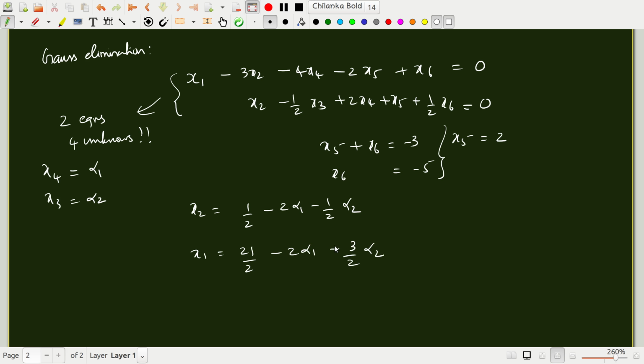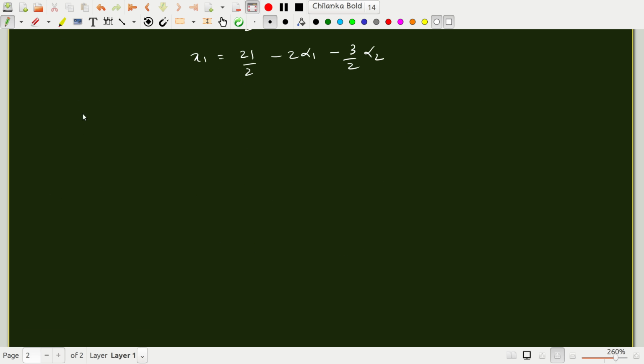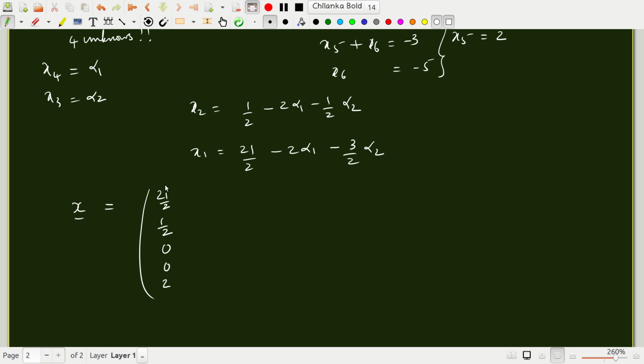Okay, so I can write the solution as follows. I will write x vector as nothing but 21 by 2, half, 0, 0, 2, minus 5. This is x5 and x6.